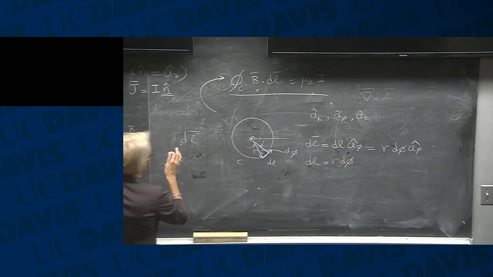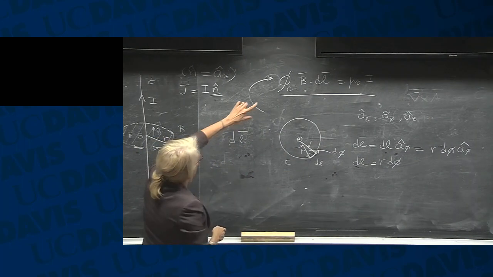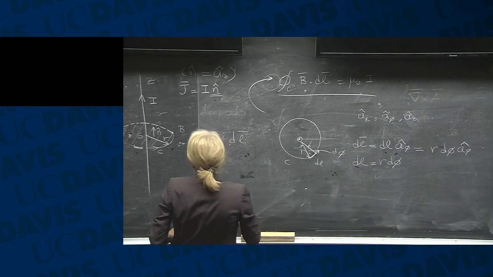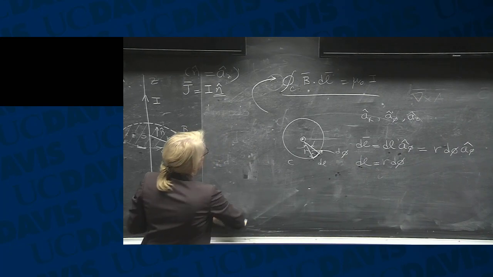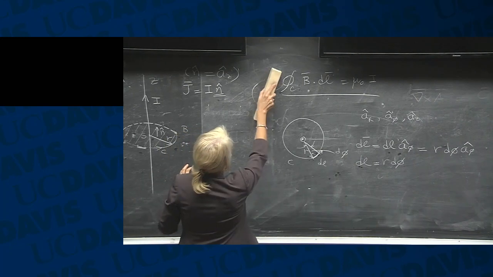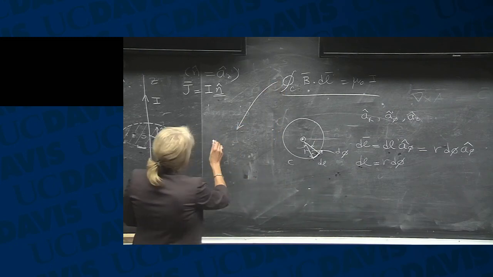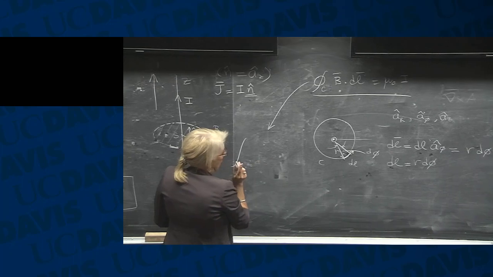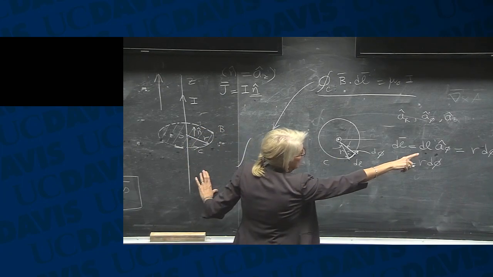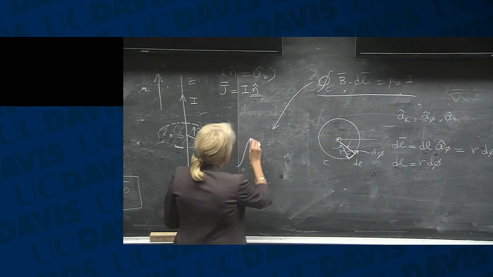Now, since I've done this, let me go and work on this one. This one becomes the integral, and since it becomes d phi, it goes from 0 to 2 pi.